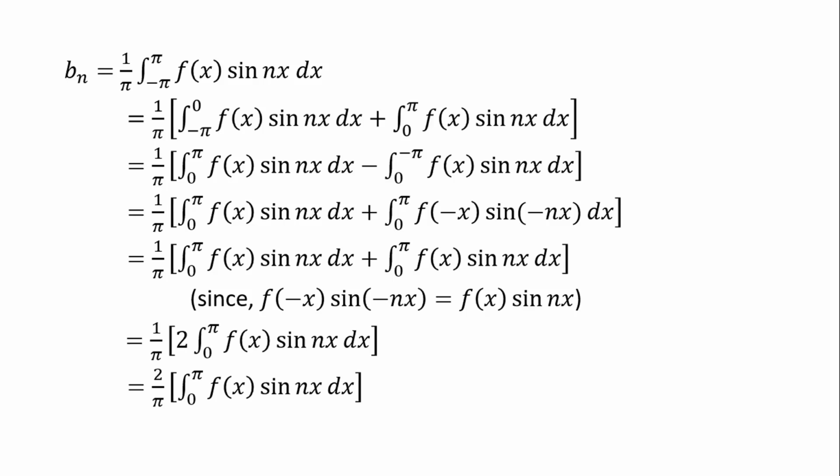Now how to plot this sine series, or odd series of an odd function, on a graph? For this we have to remember that f of minus pi is equal to minus f of pi. So when x becomes negative, its value becomes negative.